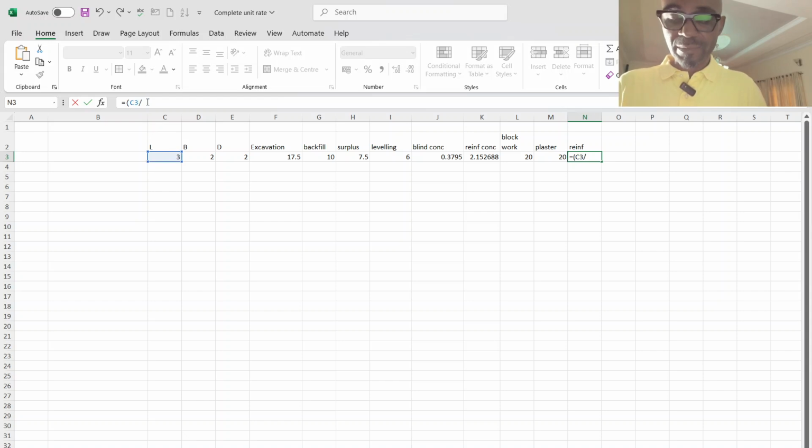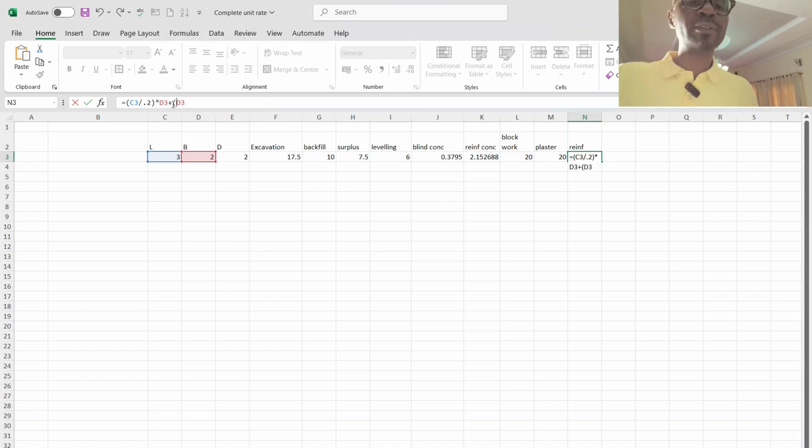I divide it by 0.2, which is the spacing of the bar. Then multiply by the breadth plus this.